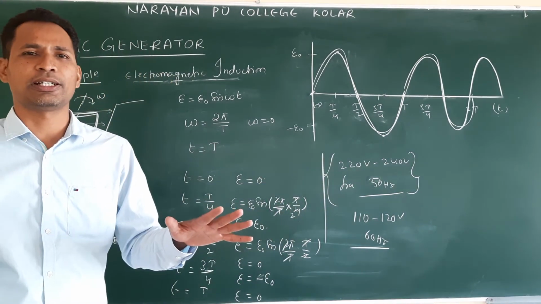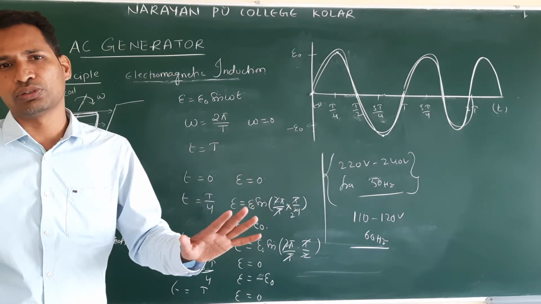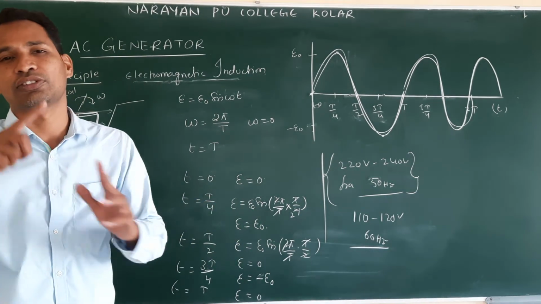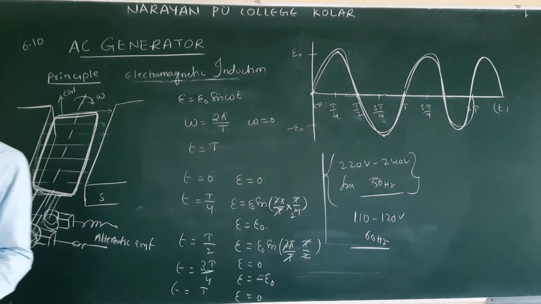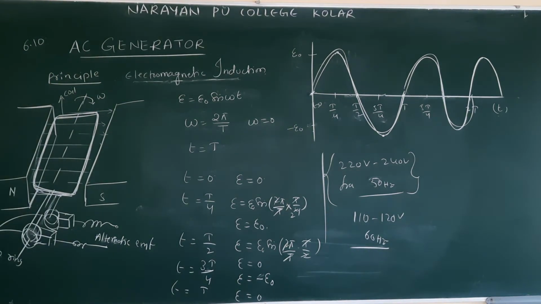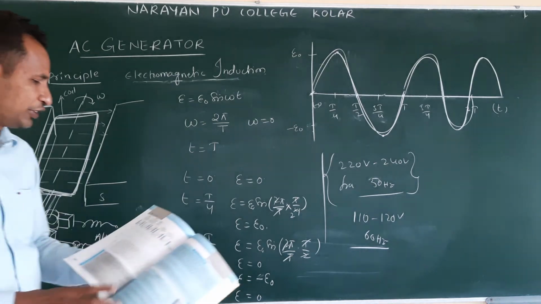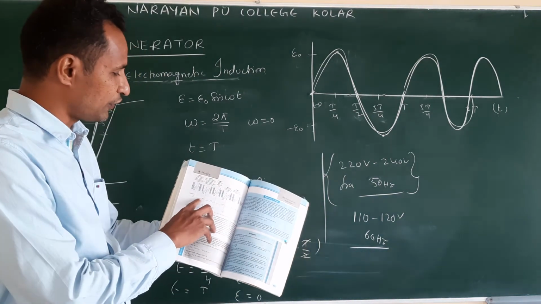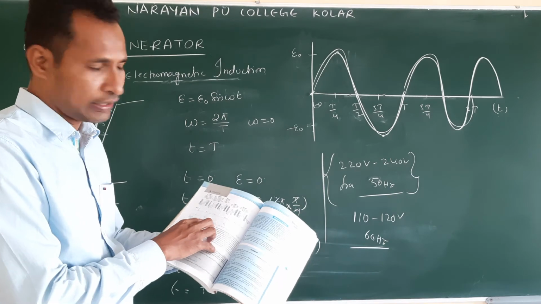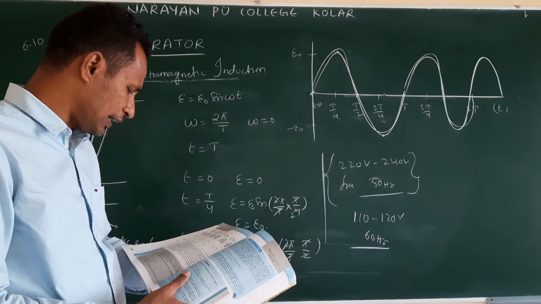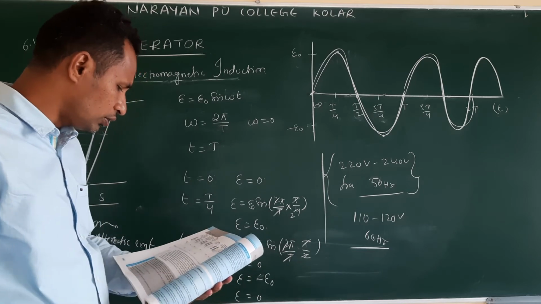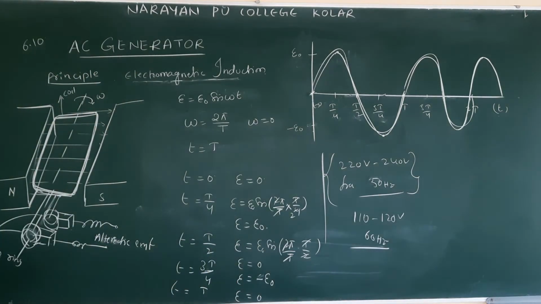Whatever may be the procedure, everywhere we need to turn the coil or turn the magnet. Clear? So this is about the AC generator, and they have given a clear picture point by point of how the coil rotates. Please check your book and read this. I will explain everything. Now come to the example problem.